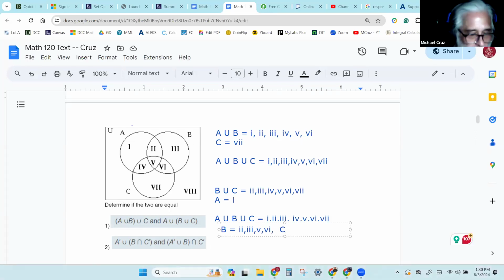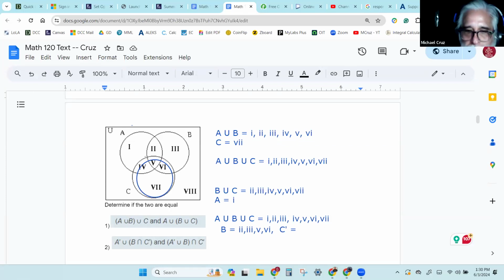C complement is just what's not in C. So probably the best way to do it is just kind of show you that that's your C. So it's anything that's not in that circle.